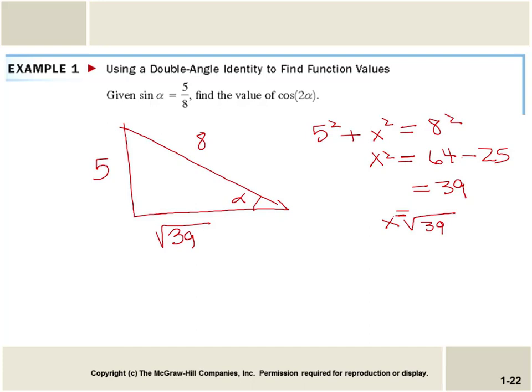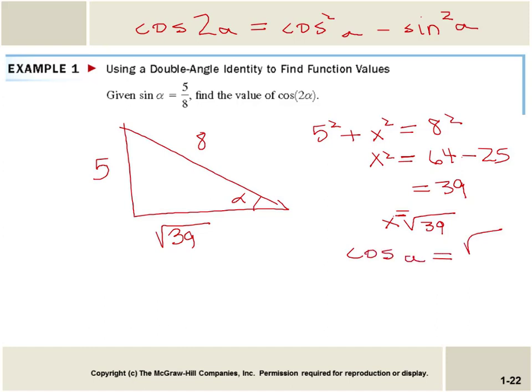Oh, just write it. Okay, are you trying to write it down? So, can I find the cosine? I have to use my cosine 2 alpha formula, which is cosine squared minus sine squared, right? So what is cosine equal to? What's cosine alpha? Exactly. So we have cosine alpha is equal to the square root of 39 over 8.